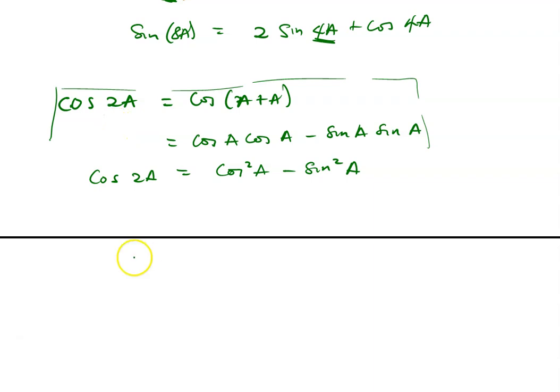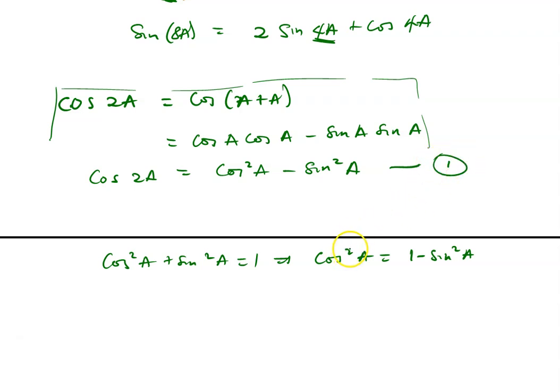I always know that cos squared A plus sine squared A is equal to 1. So if I want to make cos squared A the subject, then cos squared A is equal to 1 minus sine squared A. So with this, I can substitute it into this equation. Let me call it equation 1.